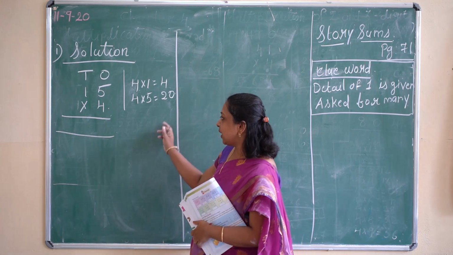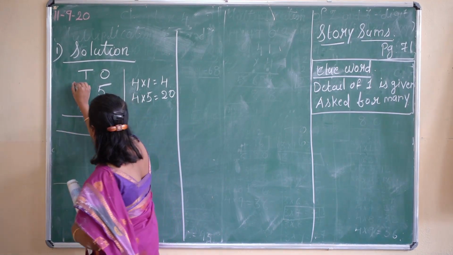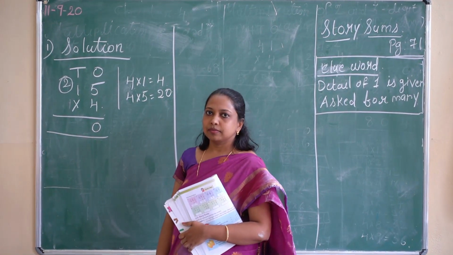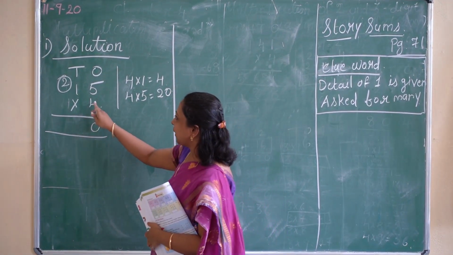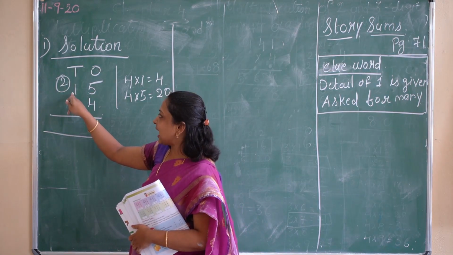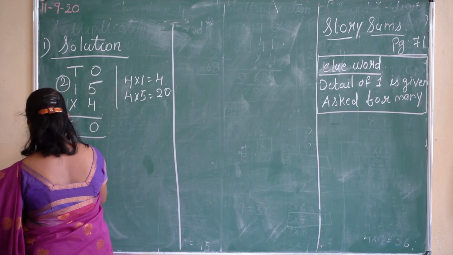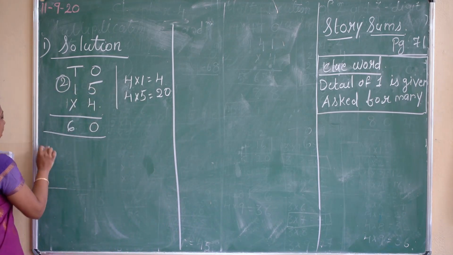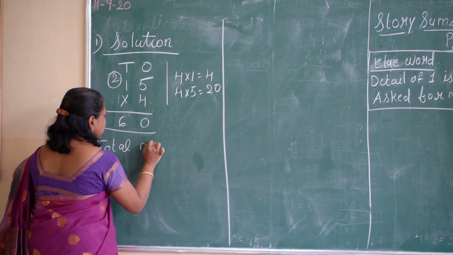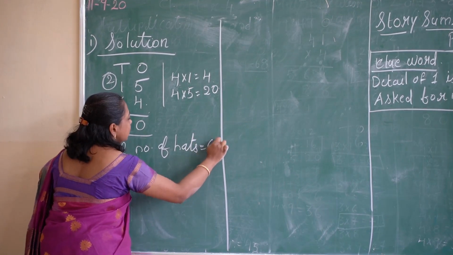We cannot write 20, so you write 0 at the ones place and 2 is carried over to the tens place. Now 4 multiplied by the digit at the tens place, 4 ones are 4, and add 2, 4 plus 2 is 6, so 60. So the total number of hats is equal to 60.